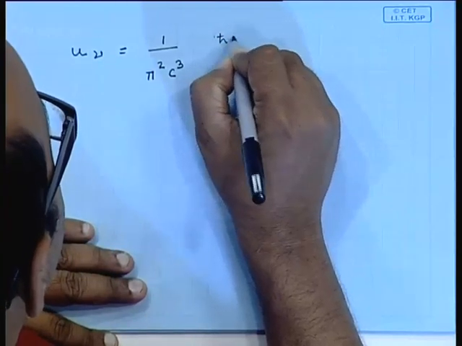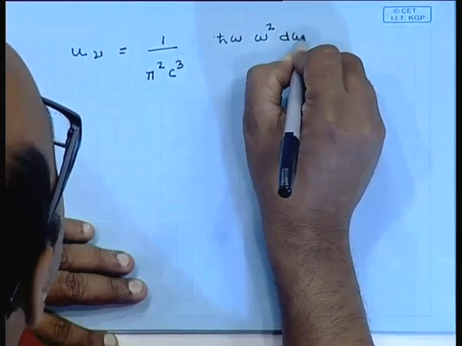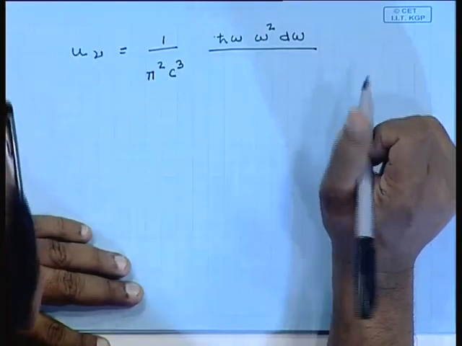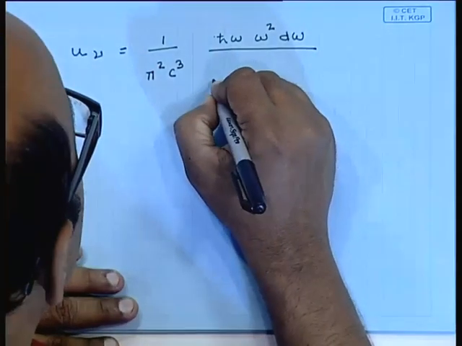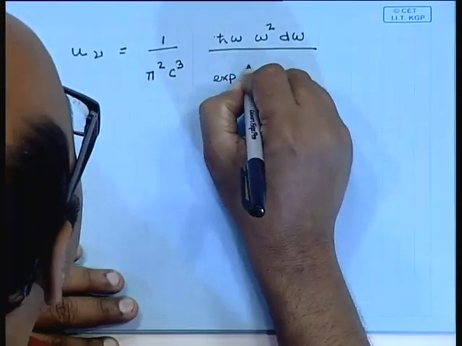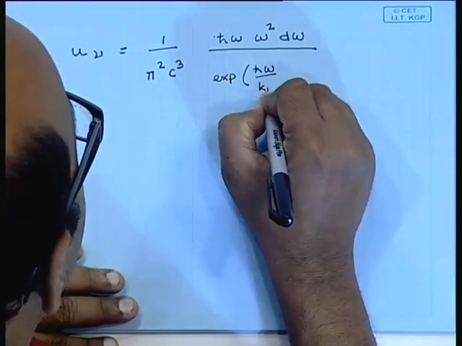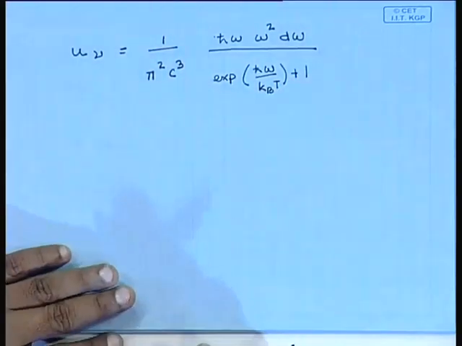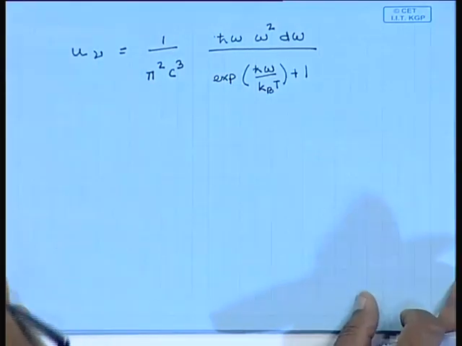So, I have h cross omega and I have omega square d omega, and I then have to put in the occupation number, which we know for a fermion is 1 over exponential of h cross omega, that is the energy, by kB T plus 1. For a boson it is minus 1. The chemical potential we have assumed to be 0.